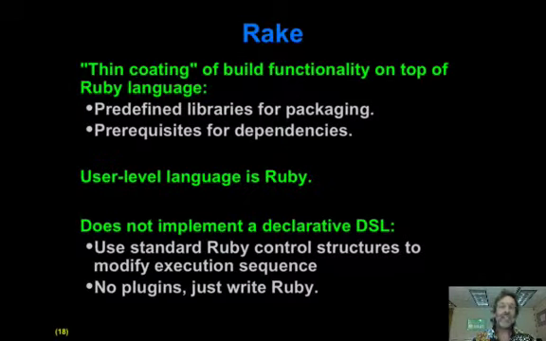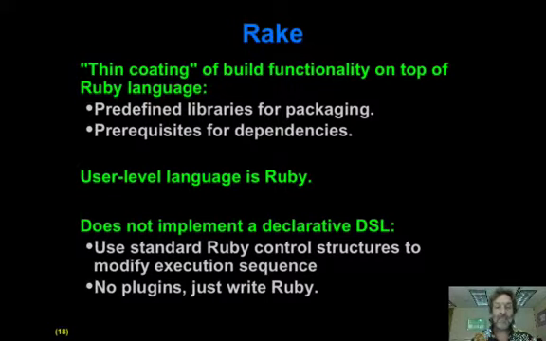So the idea of Rake is that they didn't want a whole DSL kind of thing. They just wanted to add a little bit of what I'm going to call syntactic sugar over the programming language to enable it to function effectively for builds and do the kinds of file and task level dependency management that you'd like. So really, when you write a Rake file, you're really programming in Ruby.